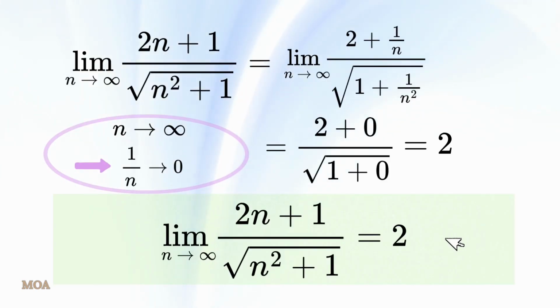Since 1 over n tends to 0 and 1 over n squared tends to 0, this simplifies to 2 over the square root of 1, which equals 2. Hence, the limit of the quantity 2n plus 1 over the square root of n squared plus 1 equals 2.